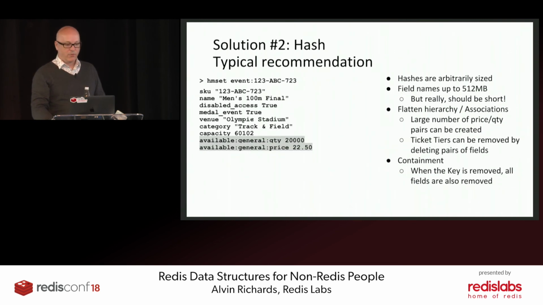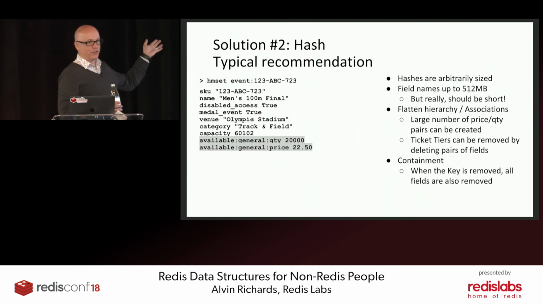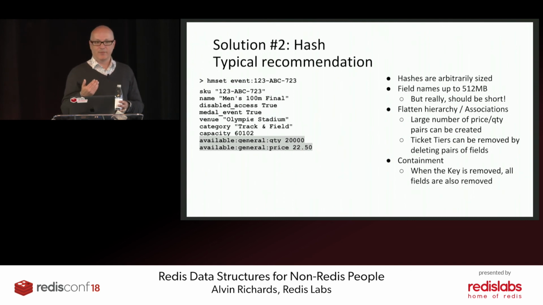So what is the typical recommendation in this case? Well, there's a couple of choices here. One of the things you can do is simply flatten out that structure. As we saw with key names, a field name can have a structure to it. So you can see here we've got available, :general, :quantity.